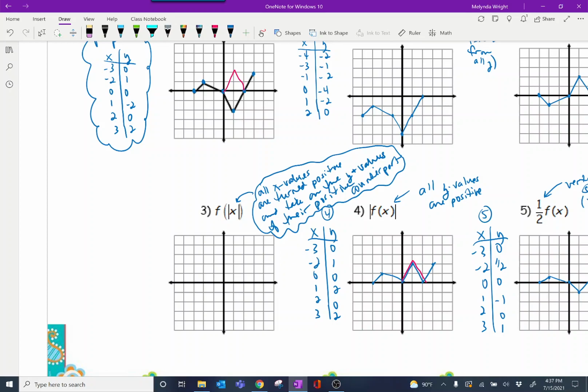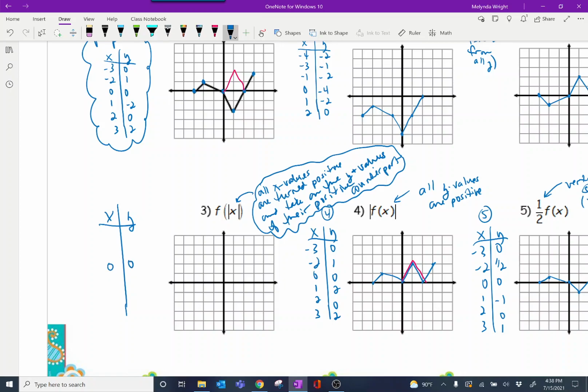All right, so the only ones that we need to be concerned with are the x values that are negative. The x values that are positive aren't going to change. In fact, 0 is not going to change.